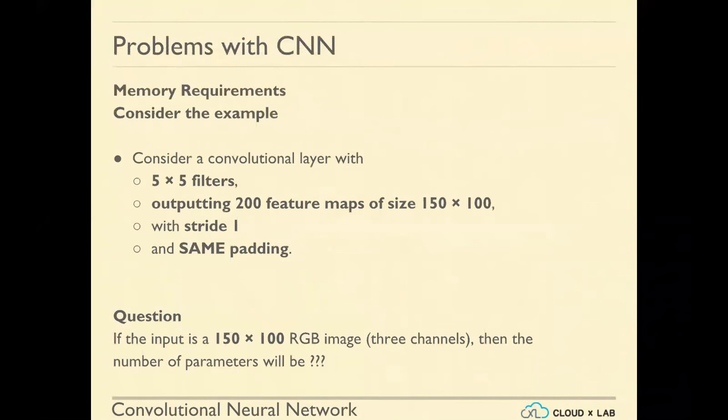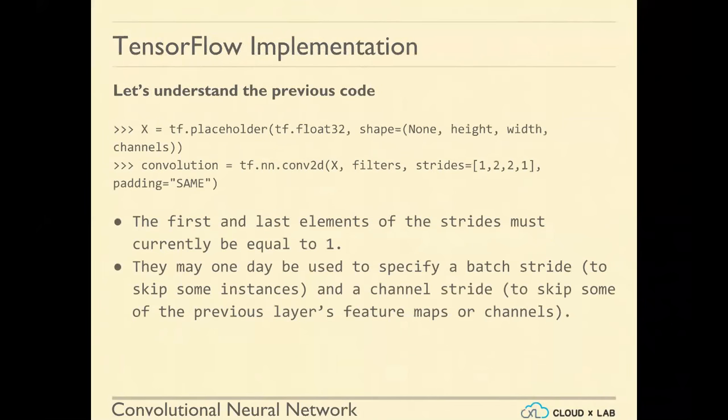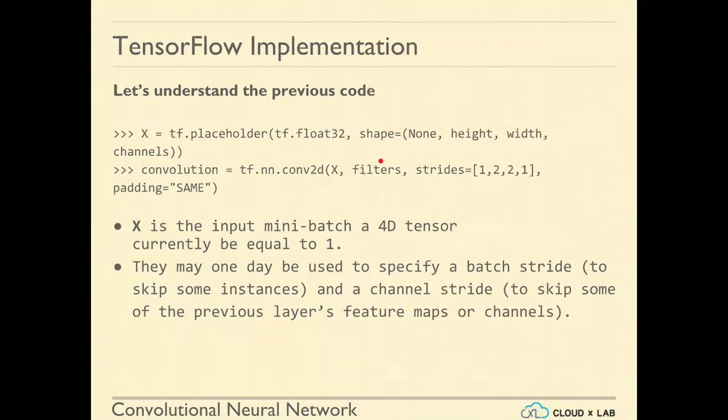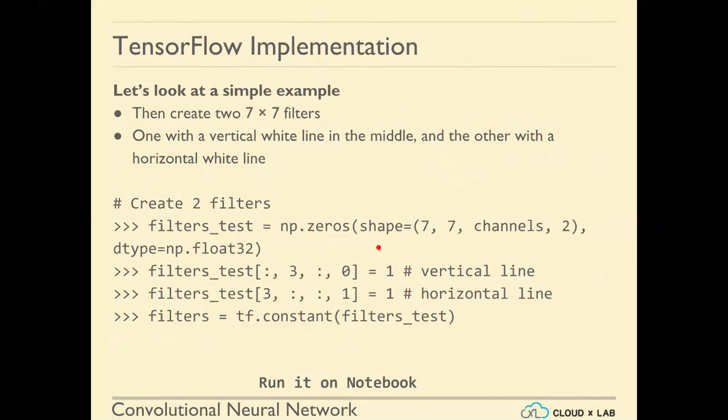This dimension of filters is what causes the total number of layers in the next one. Here we have X and we are applying filters. The filter is what we have defined here: the shape of our filter is 7 by 7, then the number of channels, and there are two such filters.